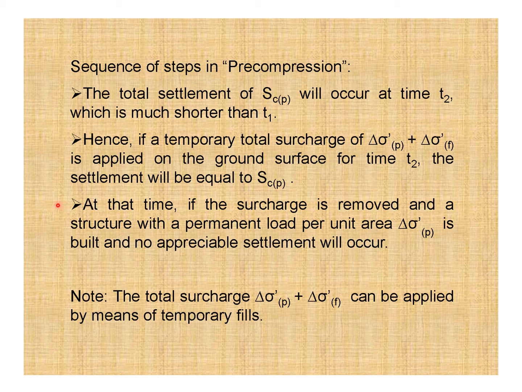At that time, if the surcharge is removed and a structure with a permanent load per unit area delta sigma dash p is built, no appreciable settlement will occur then. So the total surcharge delta sigma dash p plus delta sigma dash f can be applied by means of temporary fill. So this is a very important point.